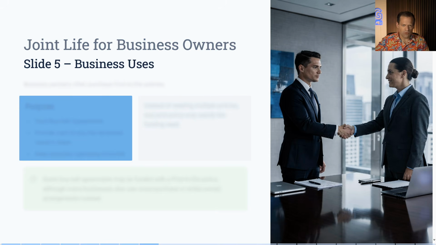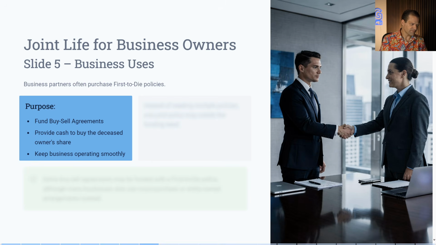This is most commonly used inside business situations, where business owners will often purchase a first to die plan, predominantly to fund buy-sell agreements. It provides cash to buy the deceased owner's share of the business. So if there are two parties and one of them dies, the financing is made available and used to buy that portion to pay the family off.